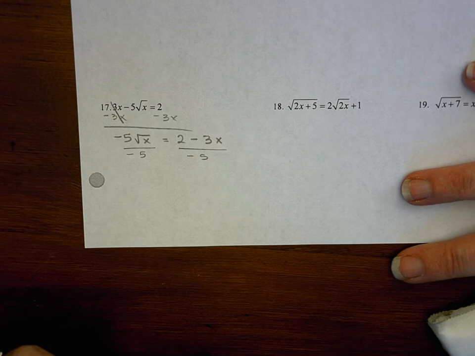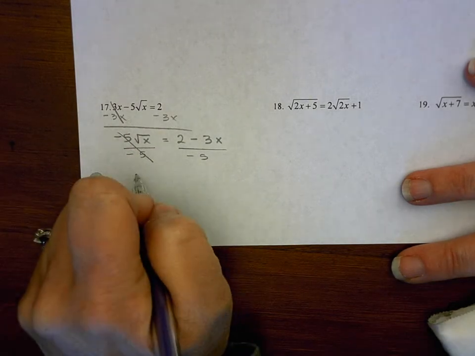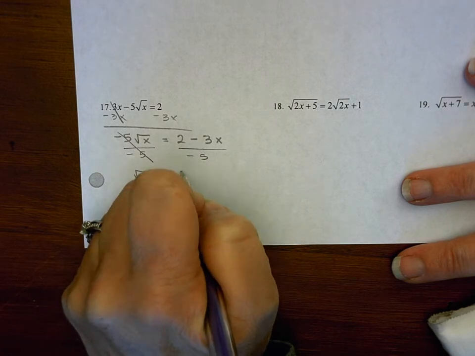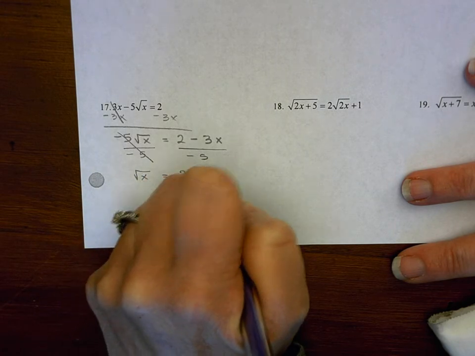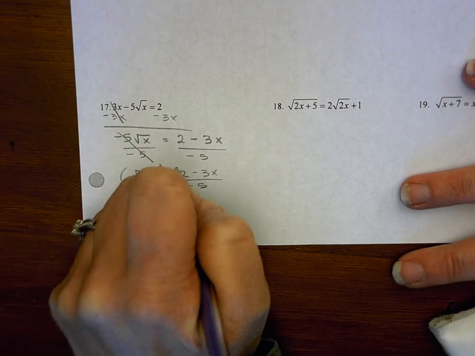And then when I look at that, I say, that's going to be not a very fun problem, is it? Okay, so root x equals, and then that's 2 minus 3x over -5. Then I'm going to square both sides.